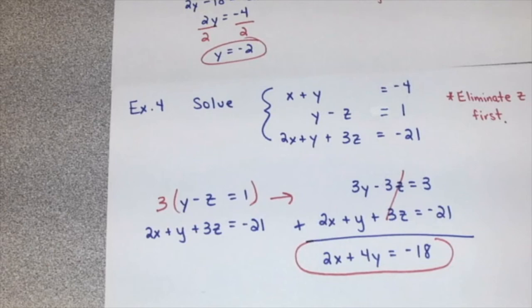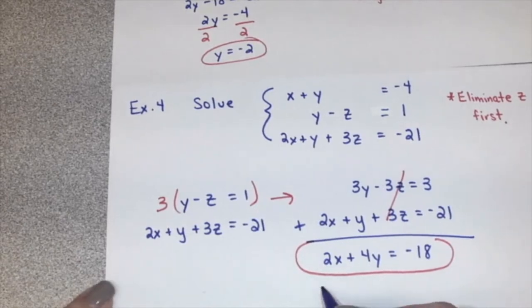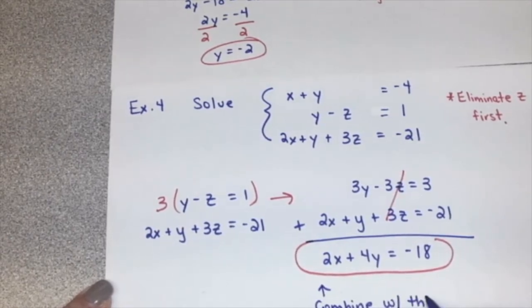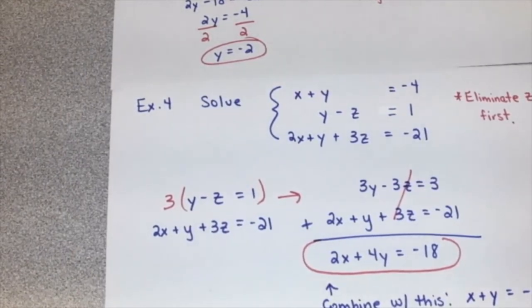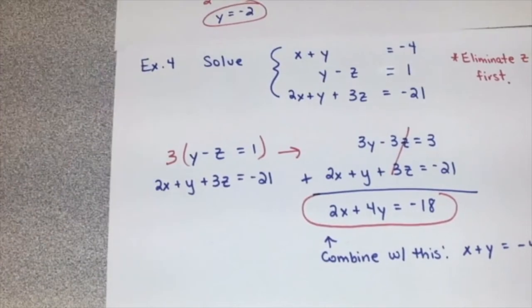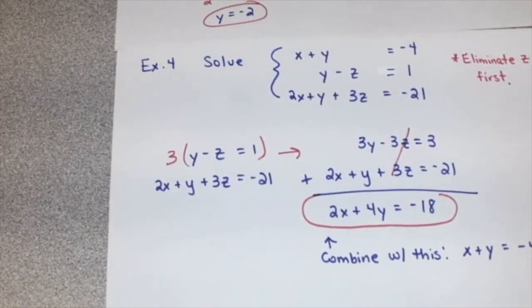Okay, but now I need something to combine with this, okay? So I'm going to combine with this the following equation. We already had one that was just x and y already, right, the first equation? So I actually have less work to do on this one, so now I'm going to line up 2x plus 4y equals -18, and x plus y equals -4.